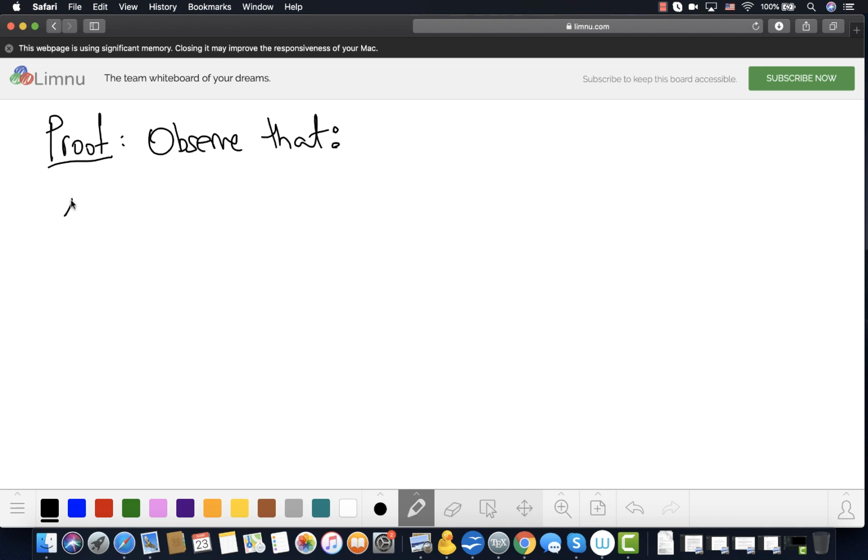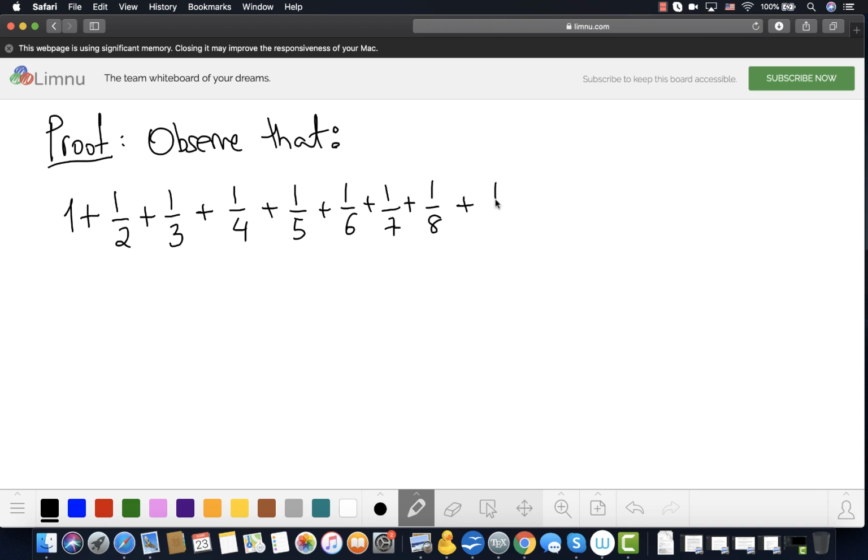So the thing we're interested in is summing up 1 plus half, plus 1/3, plus 1 over 4, plus 1 over 5, plus 1 over 6, plus 1 over 7, plus 1 over 8, plus 1 over 9, plus 1 over 10, plus ... Let me write 1 over 16 here. It's going to be important. Okay, I think this is probably enough.